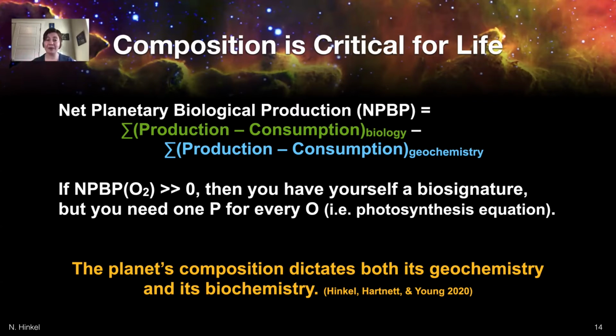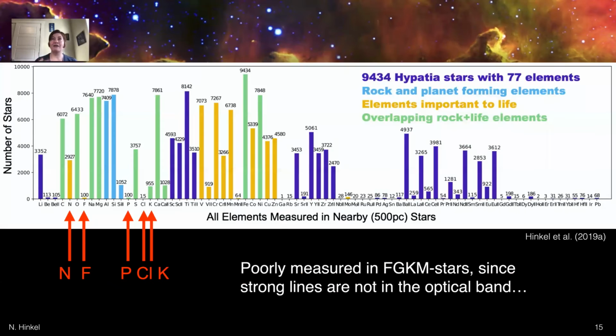So the planet's composition dictates both its geochemistry as well as its biochemistry. And this is absolutely critical to understand because there are a huge number of different elements that are absolutely important for understanding life. For example, you saw this plot earlier, which is what I showed you with the Hypatia catalog, but now it's color coded to show all of those elements that are important for rock and planet forming, those elements that are important for life, and since blue plus yellow equals green, those that account for both.